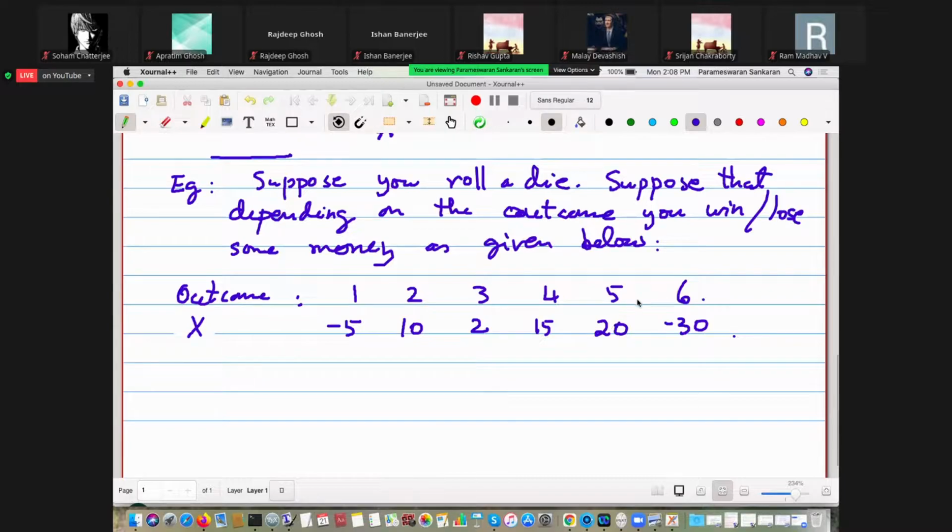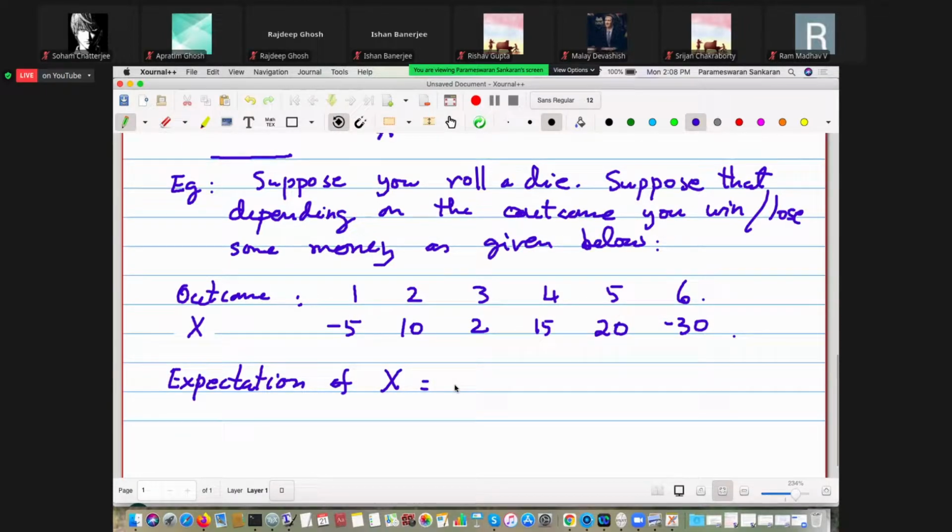So the expectation of X, when the payoff is as given here, is equal to, on an average, each one of these numbers is going to occur 1/6 of the time.